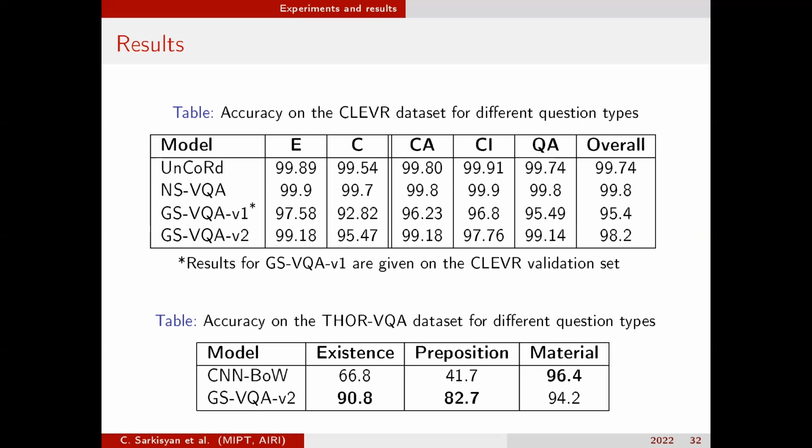For the second dataset, we used a CNN-based model as a baseline. The model achieves a close score on material questions and drastically improves results on other question types. We assume that a better object detector would further boost the performance.